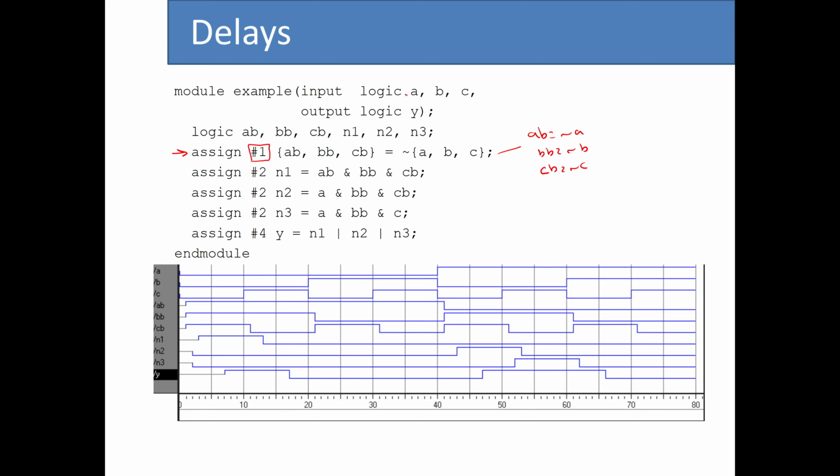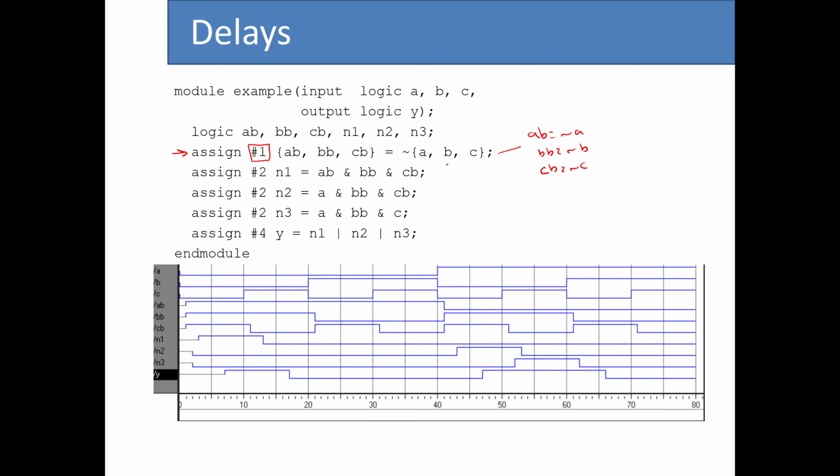So as soon as you provide inputs A, B, and C, it takes 1 unit of delay for the values of AB, BB, and CB to be calculated. Now let's just go to the next line. The next line we have N1, which is AB and BB and CB.